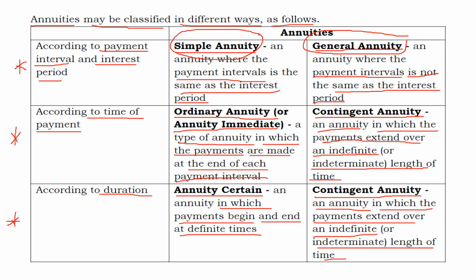So if, for example, again, there's a set payment interval of 6 months, with this concept of contingent annuity, it can extend over that. Meaning to say, there is an extension. It depends on how this setup will go through.